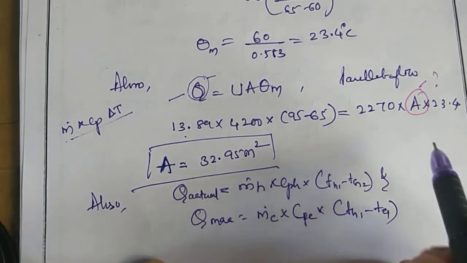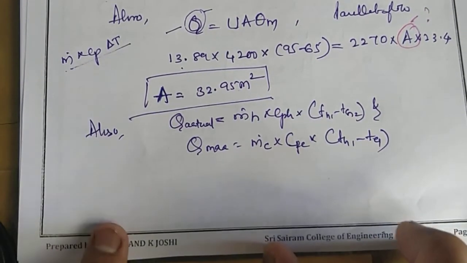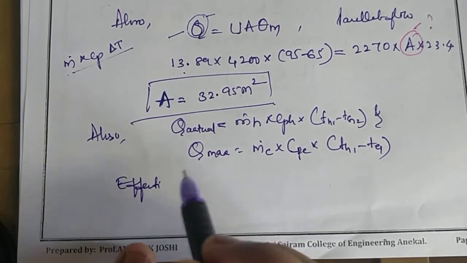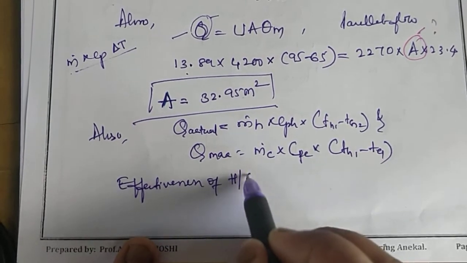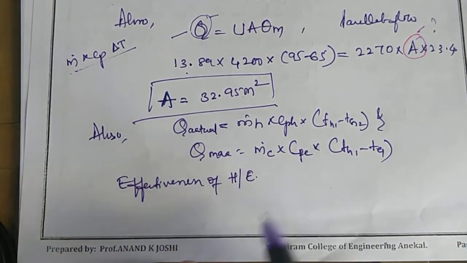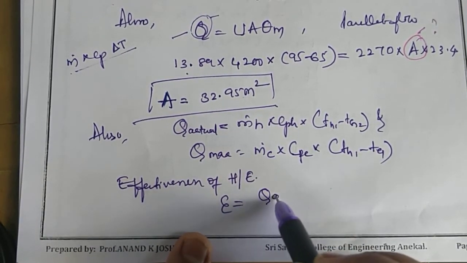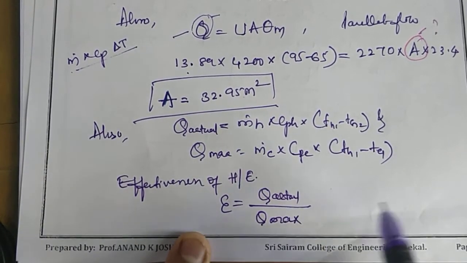So let us find out this effectiveness of the heat exchanger. The effectiveness is equal to Q actual divided by Q max.